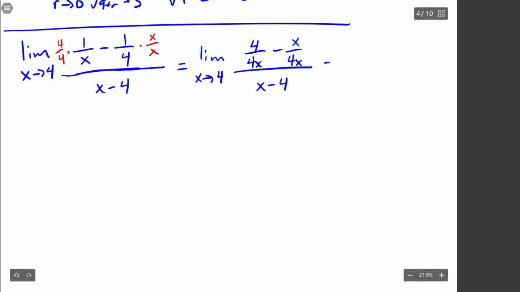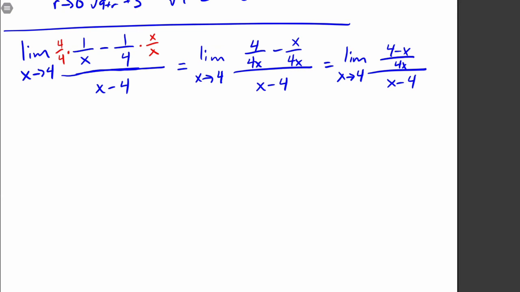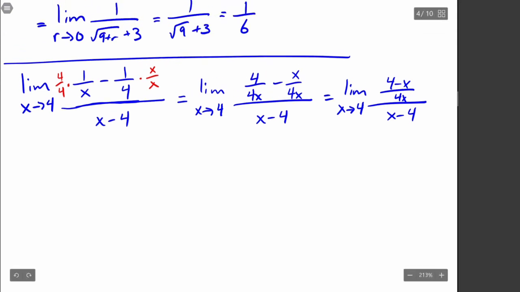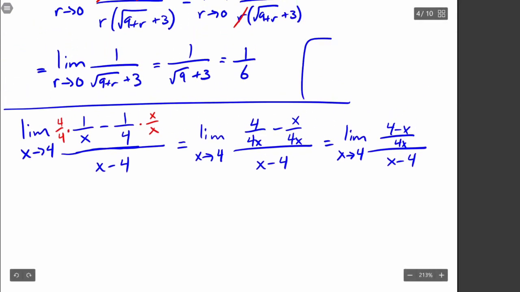Okay. Let's combine the top into one fraction now. This is 4 minus x over 4x. And all that's divided by x minus 4. Now we really need to do some simplification. So remember, when we are dividing two fractions, a little reminder: if we have a over b divided by c over d, you take the top fraction and you multiply it by the reciprocal of the bottom.